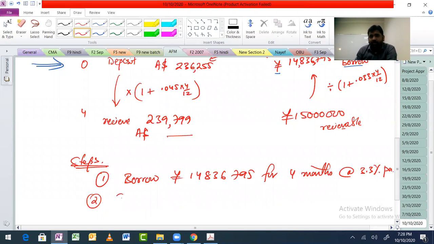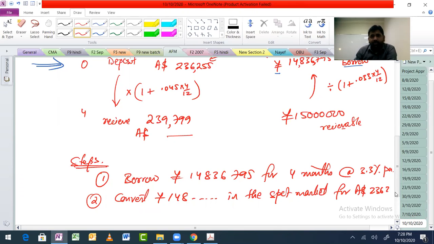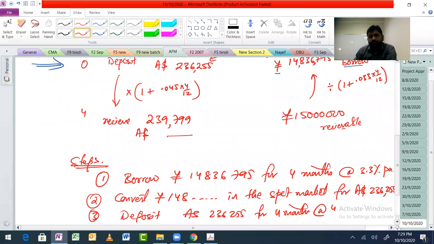Second point, convert all this 148,333 yen in the spot market for how much Australian dollar? 236,255. Okay, so for this much Australian dollar in the spot market. Three, deposit Australian dollar 236,255 for 4 months at the rate of 4.5% per annum.